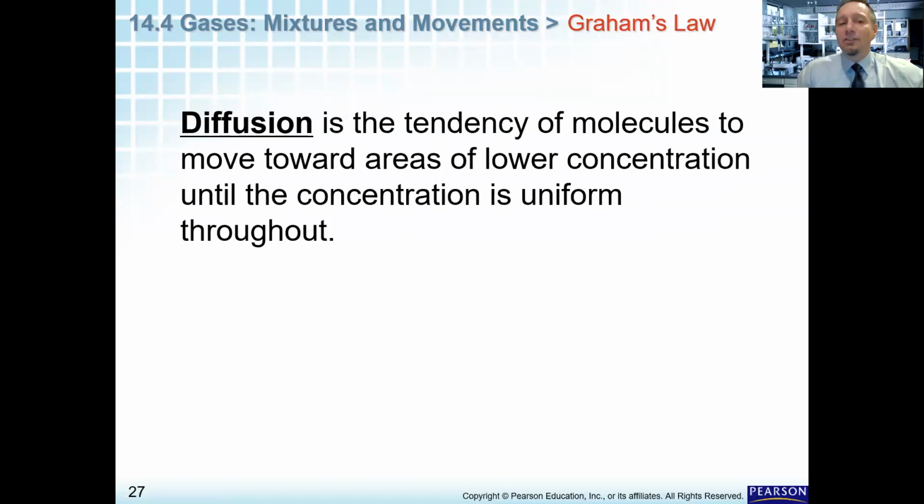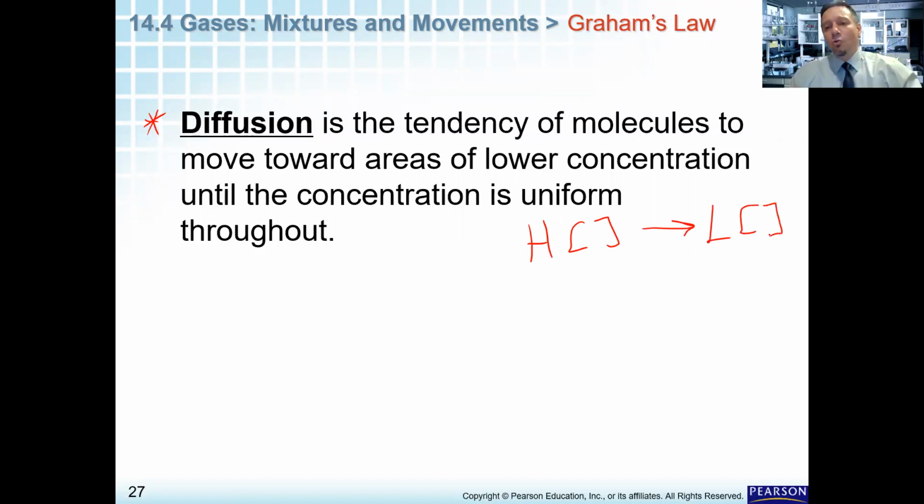So let's define diffusion. So please, in your notes, make sure you get this down. So this is an important term right here. So diffusion is a tendency of molecules to move towards areas of lower concentration until the concentration is uniform throughout. So it's going to go from high concentration to low concentration.